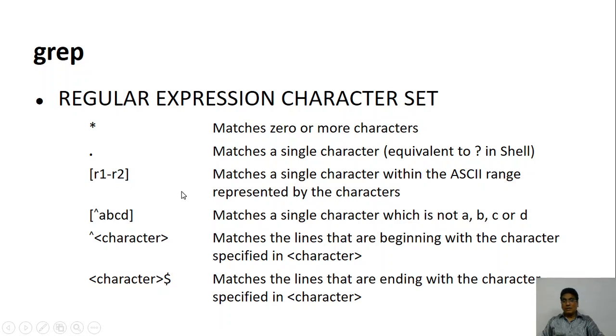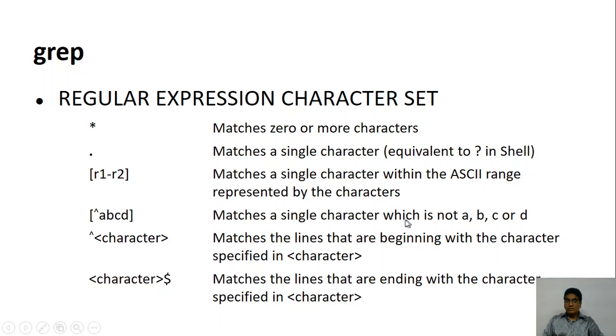Then you can give a range from this to that. So you can say from A to B the character must be there, within that ASCII range, from C to D, any characters, or you can say except them. Except means you put the caret symbol and then use that.